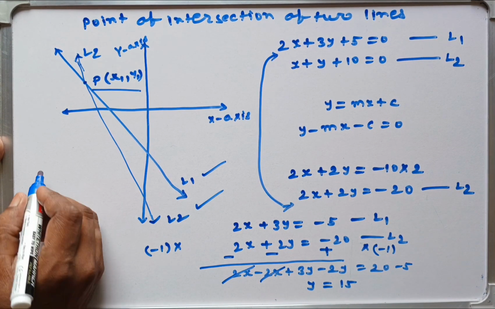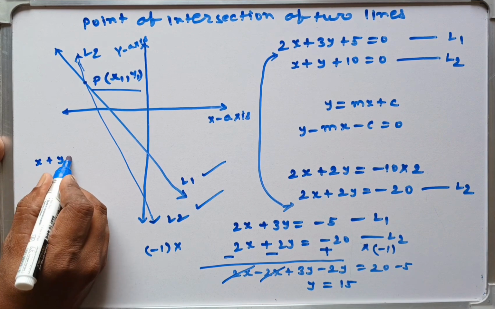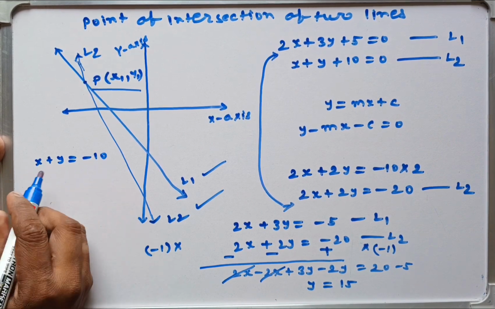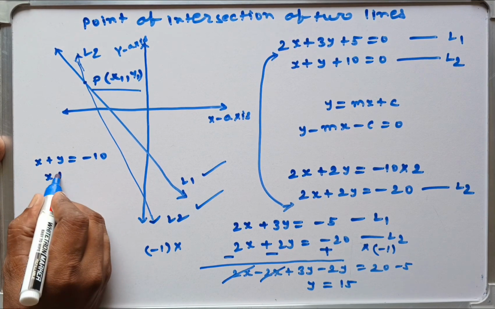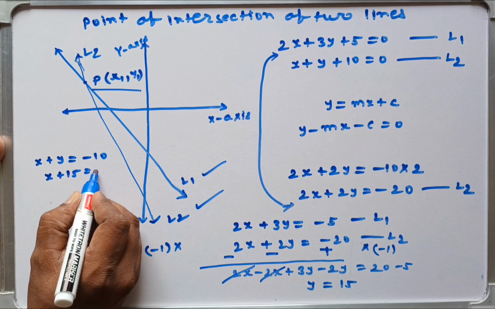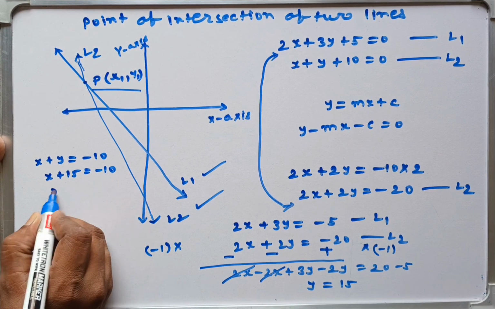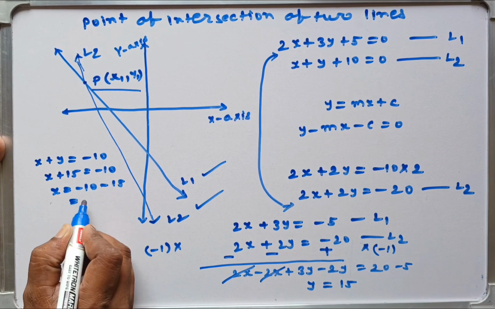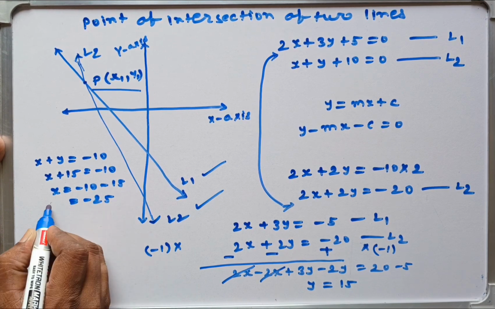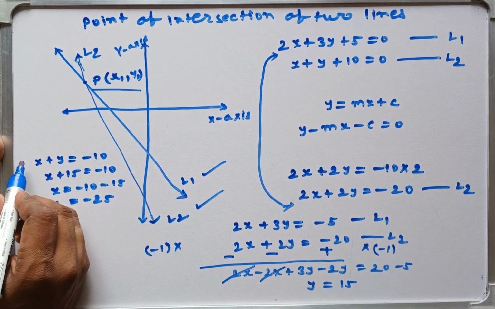So consider this equation, and if we put the value of y, 15, here, then x plus 15 equal to minus 10. So x equals minus 10 minus 15, which is equal to minus 25.